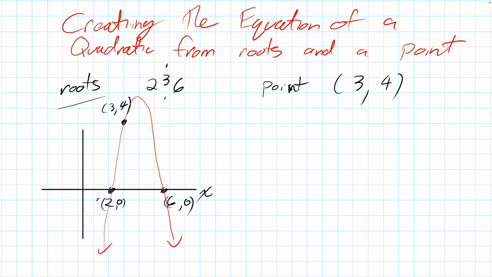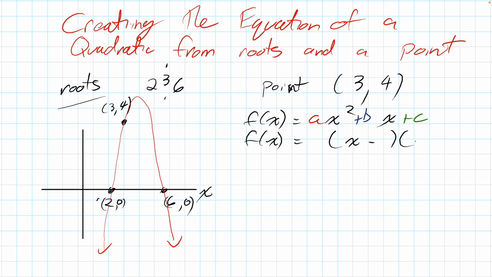So we've got to think about our 3 major forms. We have our standard form, so that's ax squared plus bx plus c. We have our factored form, which is a times (x minus r)(x minus s).